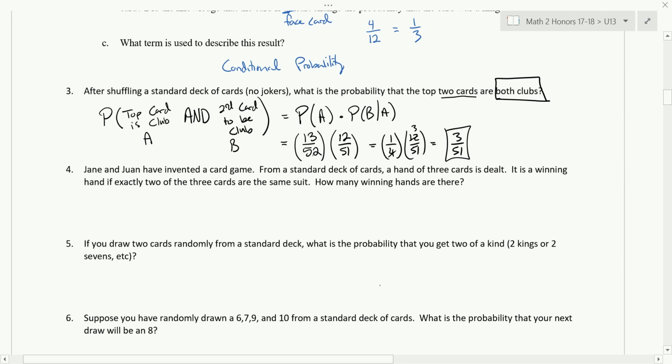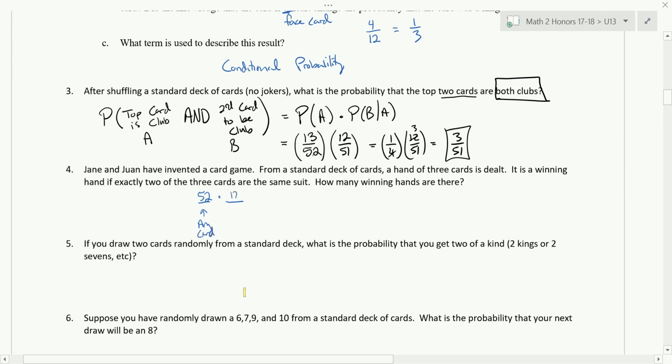Cards we multiply. So first I have to do the immediate cards. So we get pick any card, 52 cards, right? And then there's 12 other ones in the same suit.